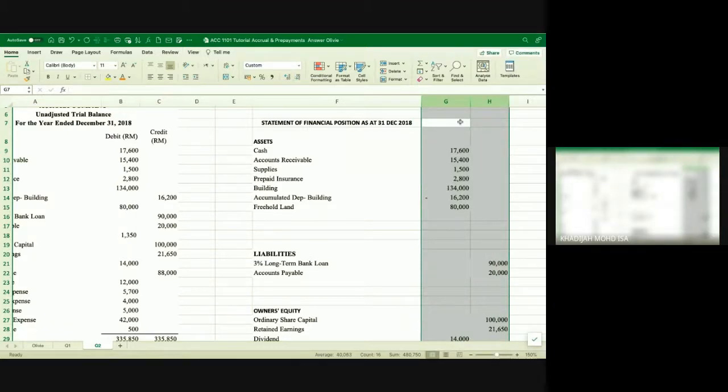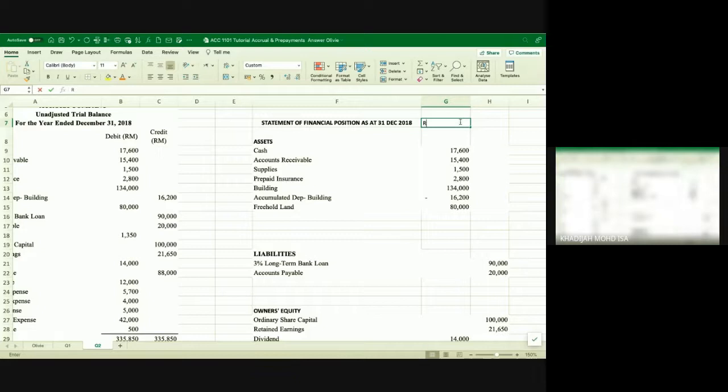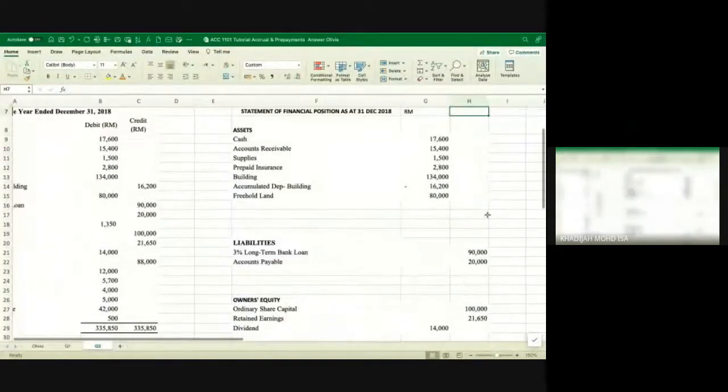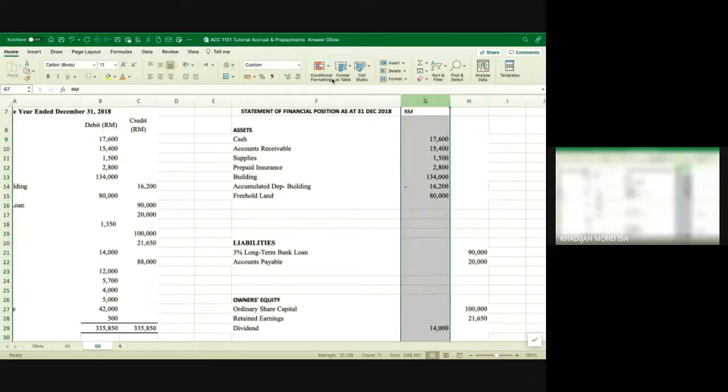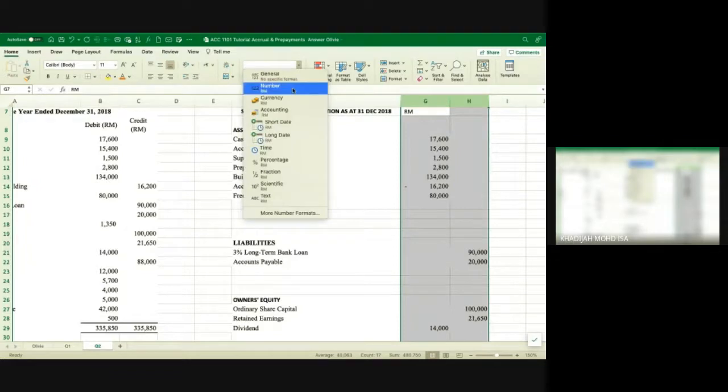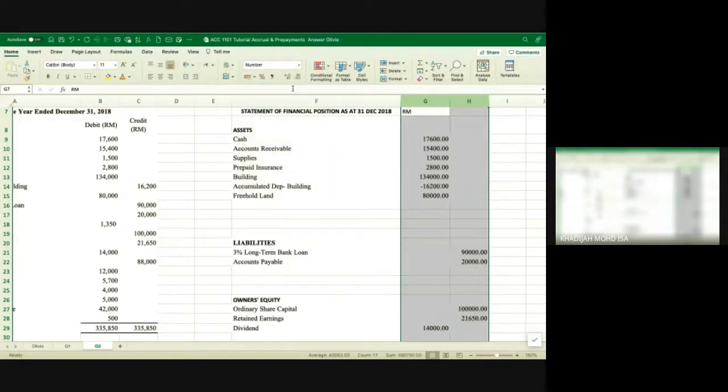So this is your RM. Leave it like that. This one actually gives you one tick already. Do you get that? Without doing anything, you have already got something, right?